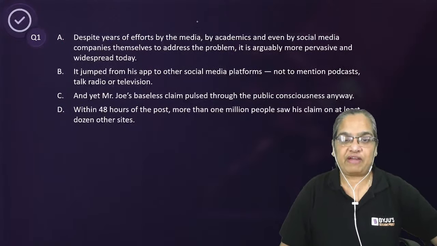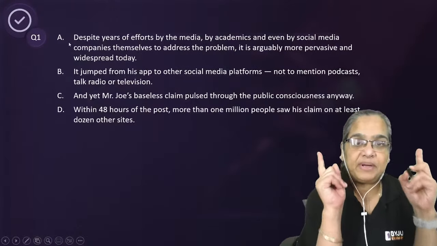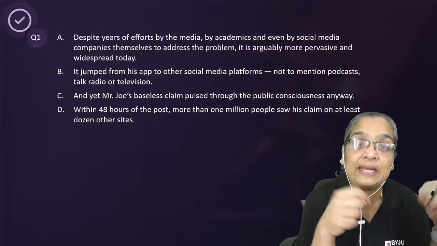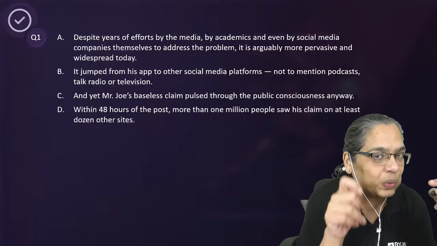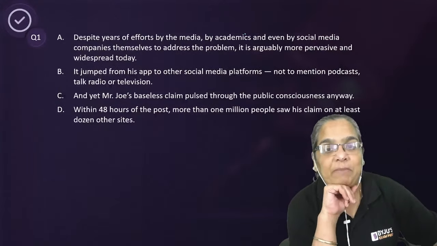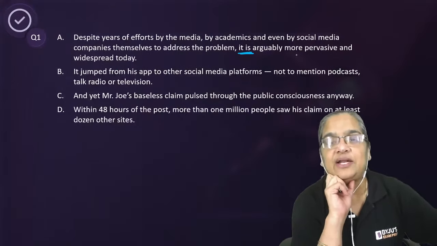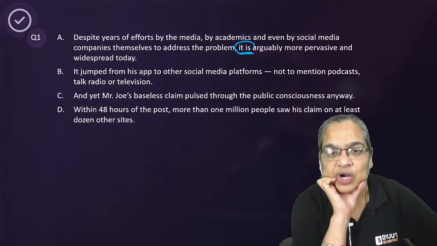Despite years of efforts by the media, by academics, even by social media companies themselves, it is arguably more pervasive and widespread today. Now don't skip reading the jumbled up sentences. Read it, articulate it, vocalize it so that you know where the stress is. What is the "it"?